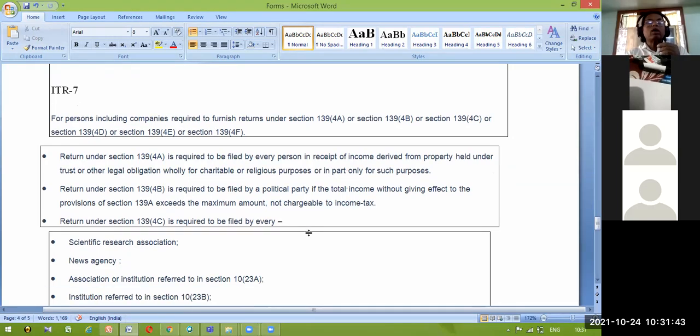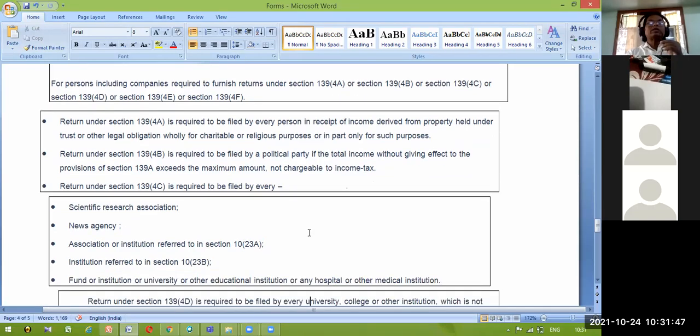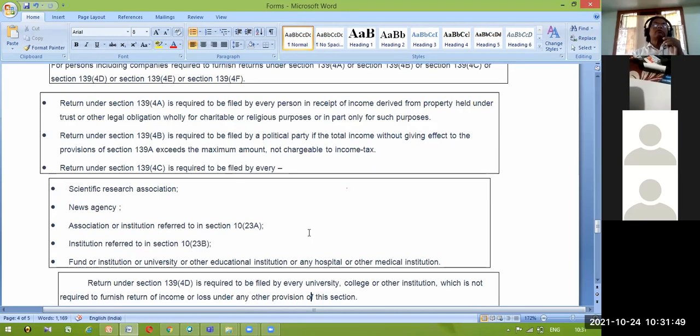Return under section 139(4C) is required to be filed by every, see, once again, what is section 139(4C)? Please remember 139(4A), (4B), (4C). I advise you to understand these things. You will find them very interesting. And these people, 139(4A), (4B), (4C), will be coming under ITR 7.